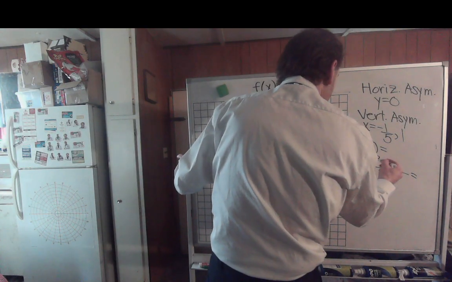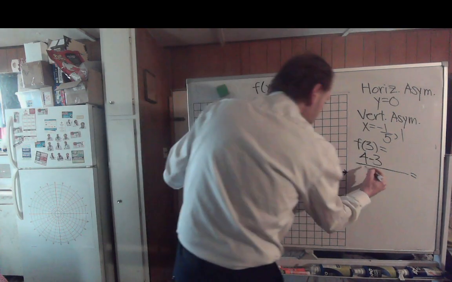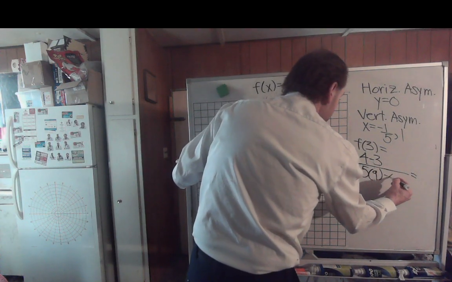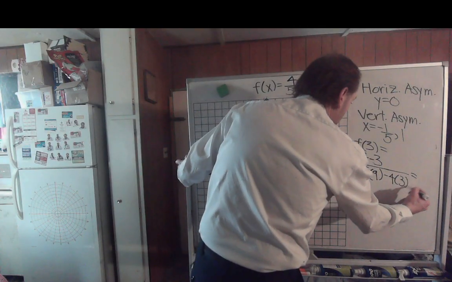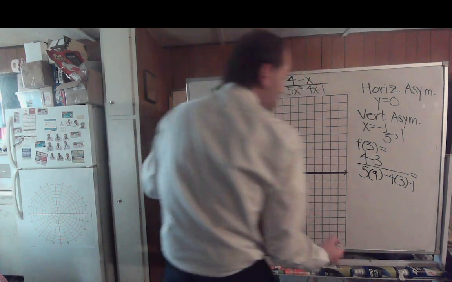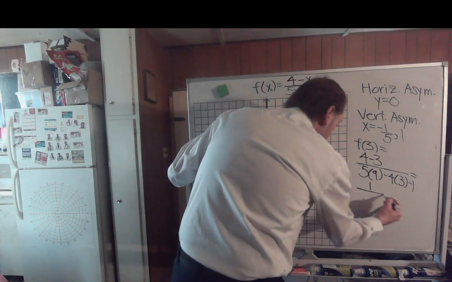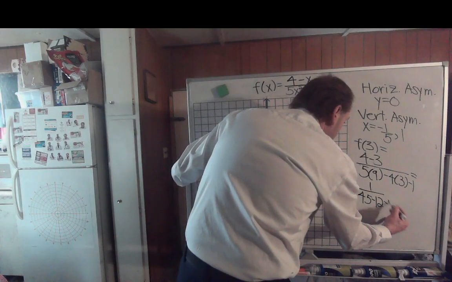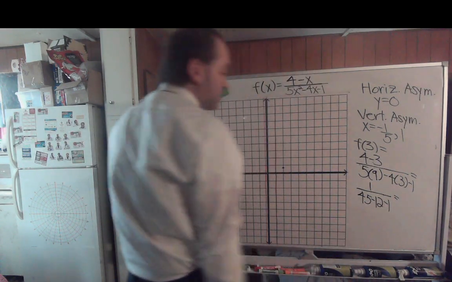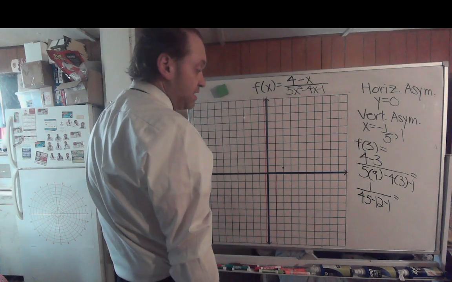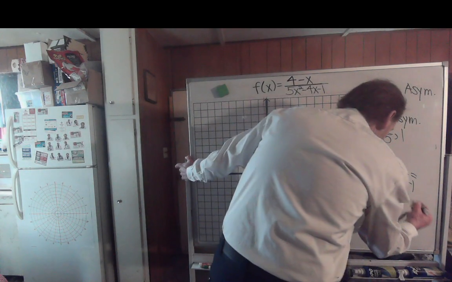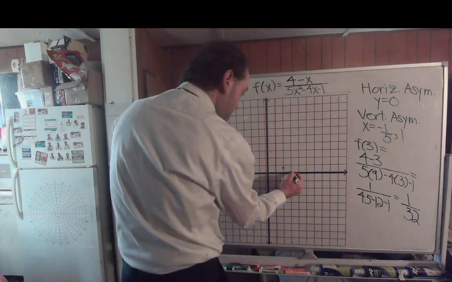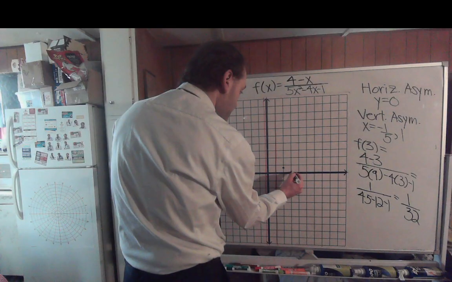So that would give you 4 minus 3 all over 5 times 9 minus 4 times 3 minus 1. Well, that would end up equaling 1 over 45 minus 12 minus 1. So let's see, that would give you 1/32. You'd end up with a y value of 1/32 for when x is 3.